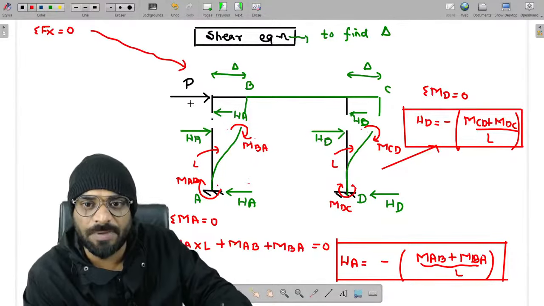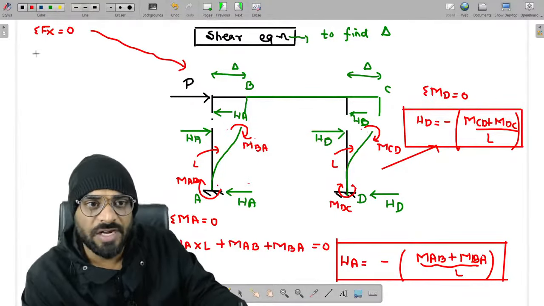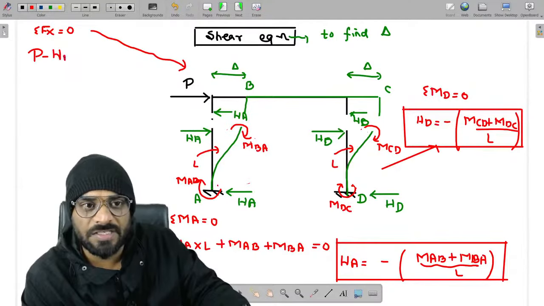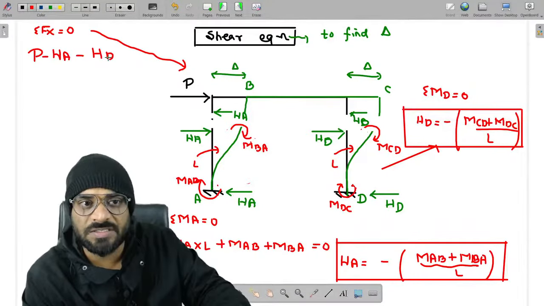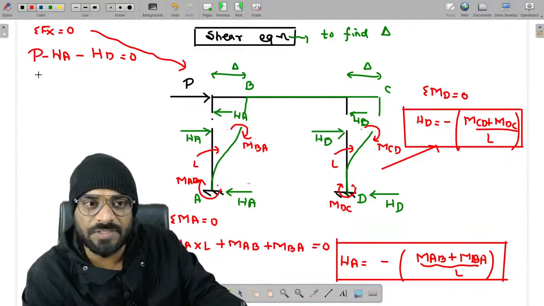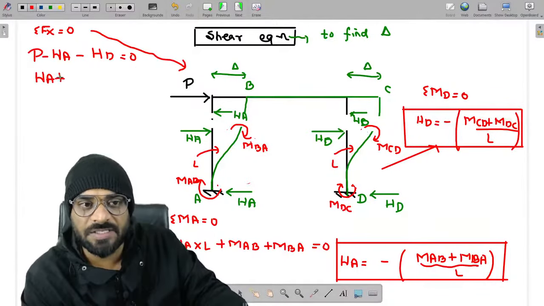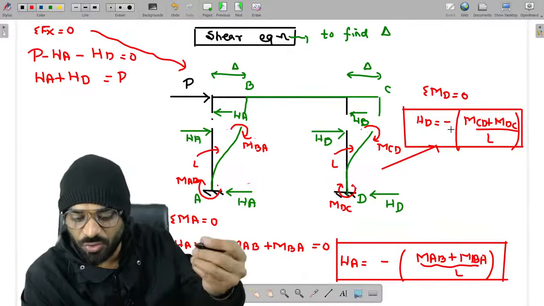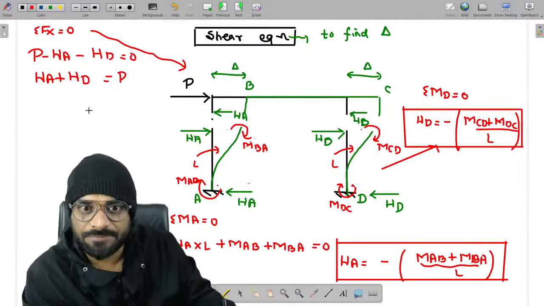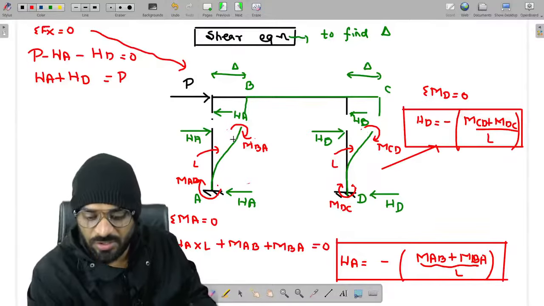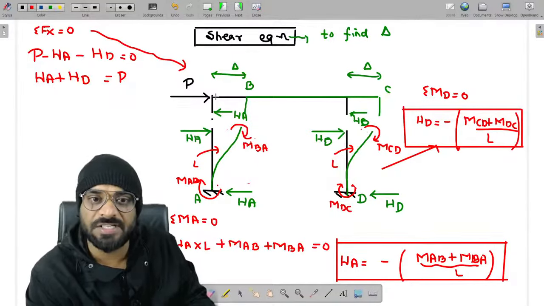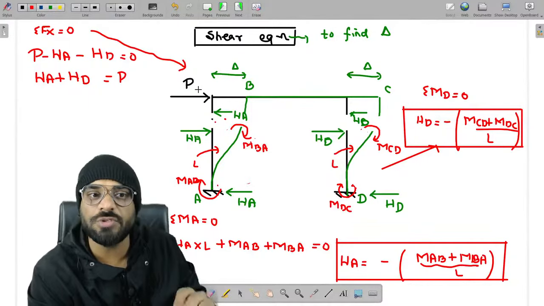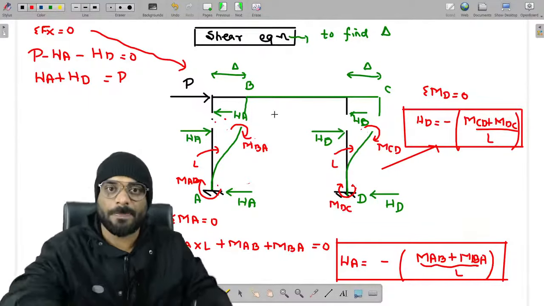For this upper part, we'll write P minus HA minus HD is equal to 0. It is very simple. HA plus HD is equal to P, and the values of HA and HD are known to us. Getting a point? Yes, HA plus HD is equal to P, because these are the two reactions which are trying to oppose the P value. Clear?